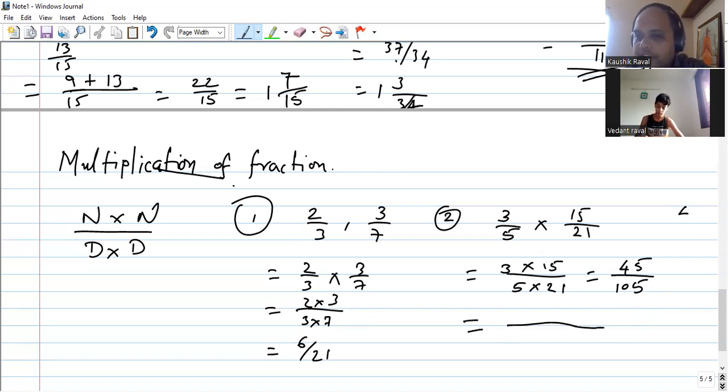You remember how to do factorization? 45, right? So how do you factor that? 4 plus 5 is 9. It is divisible by 3. So 3 15s is 45. Another 3 is 5. Another 5, it's going to be 1. So what are the factors of 45? 3 by 3 by 5. Same way for 105.